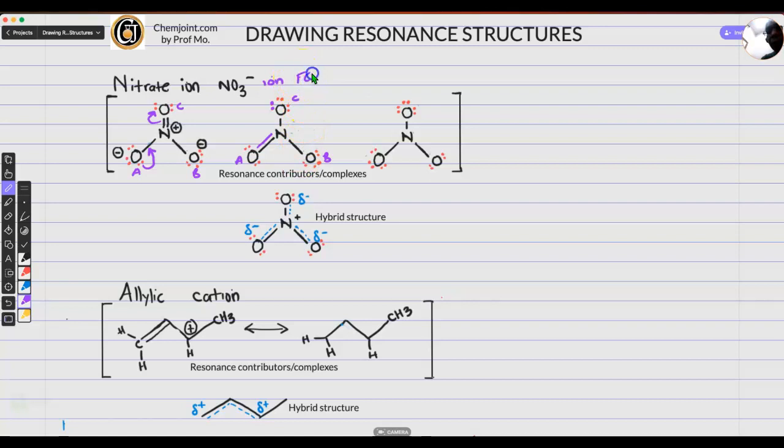So the formal charge of the nitrogen: nitrogen in this case is in main group 5, and it has no lone pair, it's already octet, and it has 4 bonds on it, so it stays plus 1, so I need to put plus 1 here.